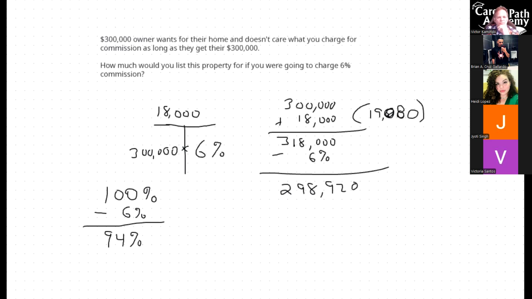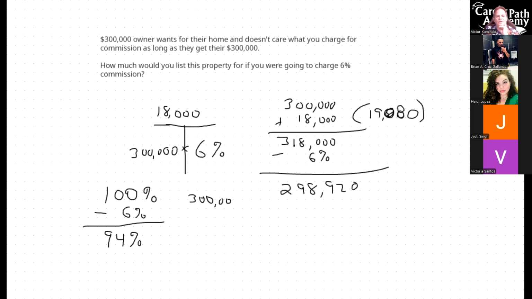So now, if you do the 300,000 and you work your way in, 300,000, because that's how much the owner wants for their property, right?